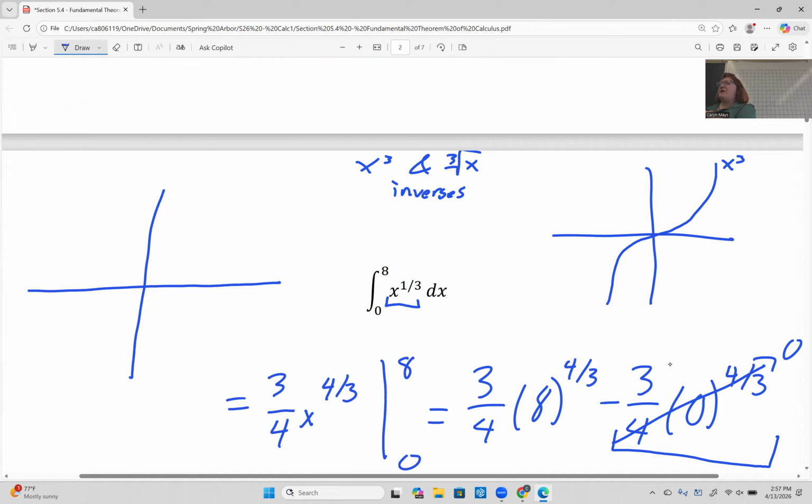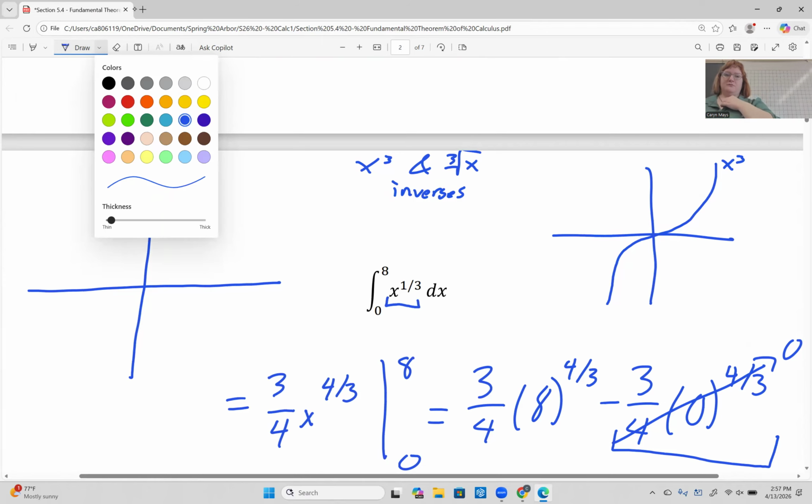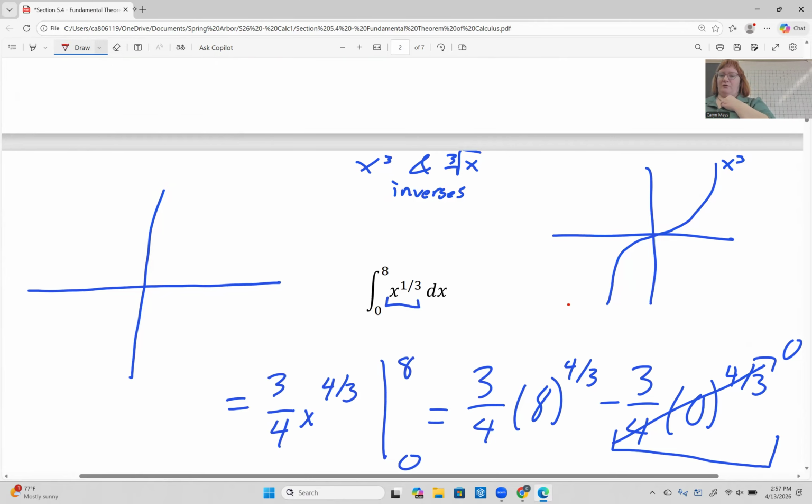Cube roots can be, and fifth roots can be. But inverses, if I want to graph an inverse, I can flip it along the line y equals x. I'm going to sketch that in over here. Here's the line y equals x. Giving just the general shape of x cubed. That's a little too arctan for me.